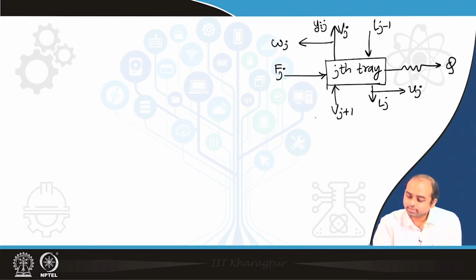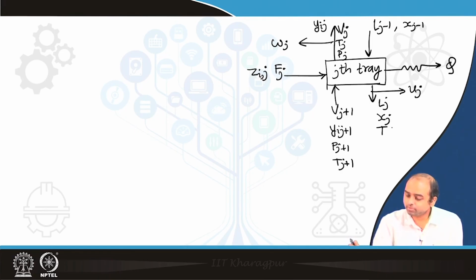This is Yij, this is Yij plus 1, this is Xj, and here we have Xj minus 1, and here we have Zij. Similarly you have Tj, Pj, and Pj plus 1, Tj plus 1, and for the liquid and vapor streams.